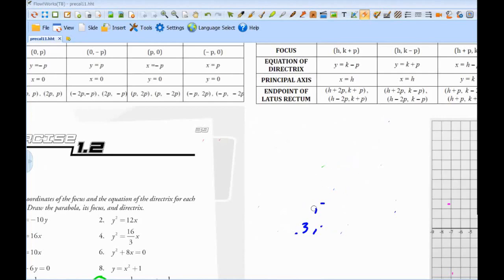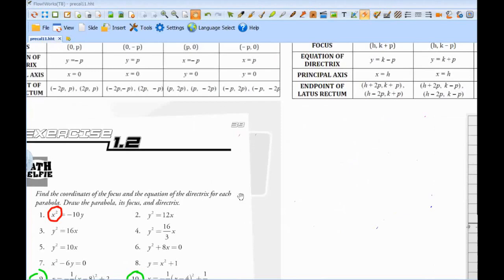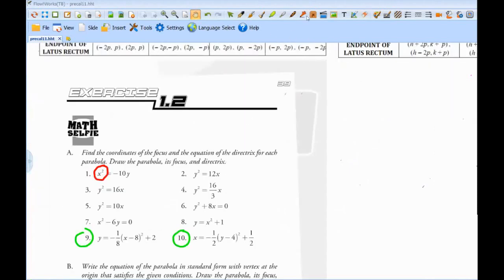Okay, so when the vertex is on H, K, the given is y equals, oh, it's green. y equals this number 9: 1 over 8 (x minus 8) to the power of 2 plus 2, right?